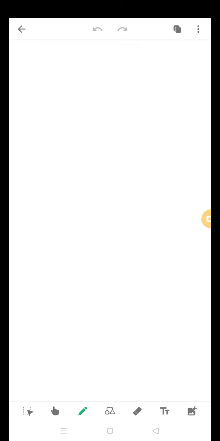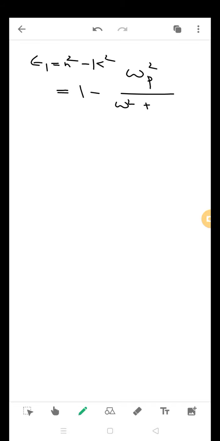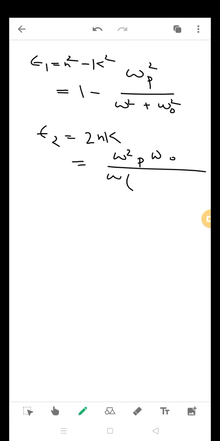For example, epsilon 1 is equal to n square minus k square, which is equal to 1 minus omega p square divided by omega square plus omega 0 square, and epsilon 2 is equal to 2n small k, which is again equal to omega p square omega 0 divided by omega, times omega square plus omega 0 square.